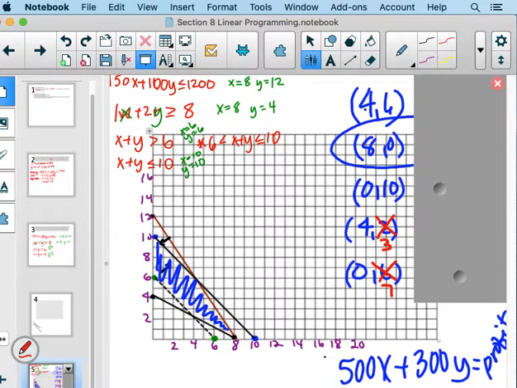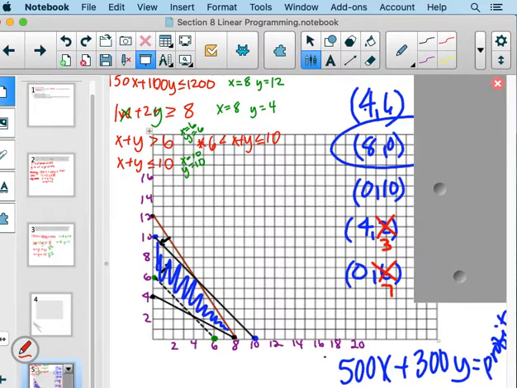Yeah, I would like the profits over here on the side. Okay, so you plug those in. 500 times 4, 300 times this, the wheat, and the rye.